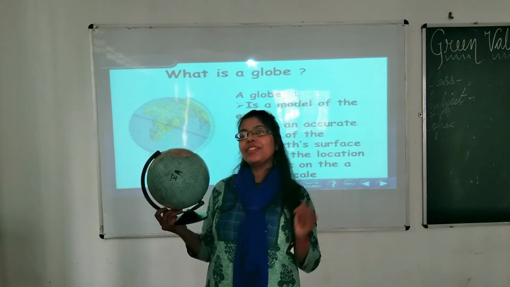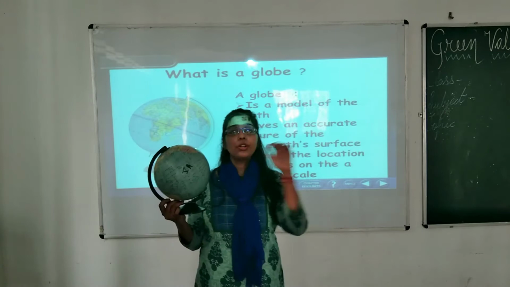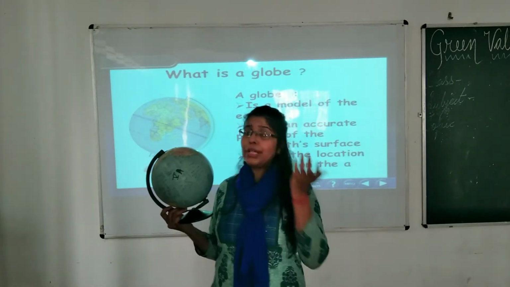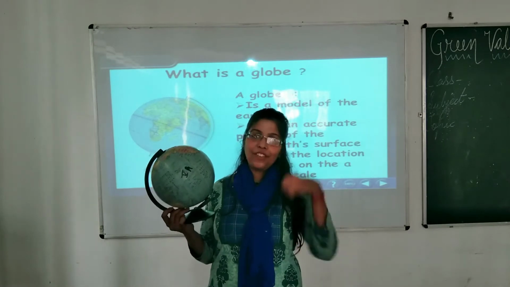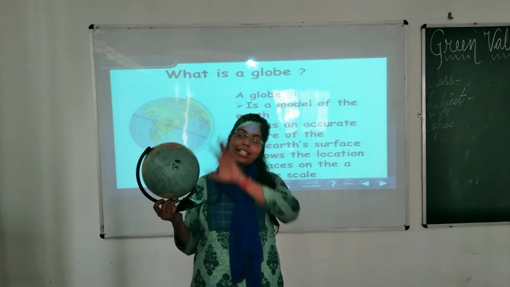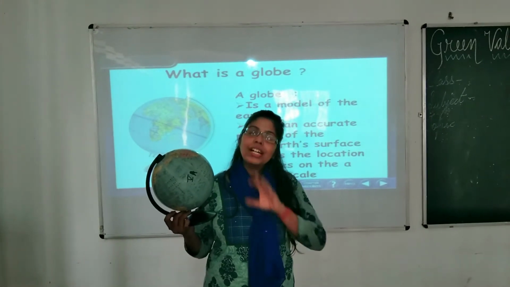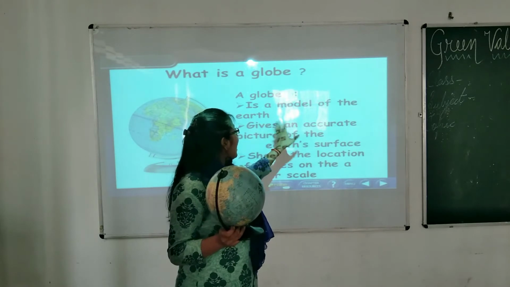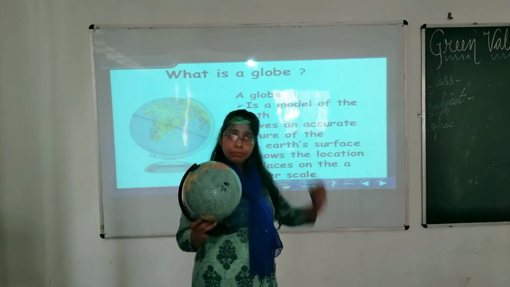So it is said, दुनिया मेरे जेब में है. So world is in your pocket. How? Have that balloon, keep it in your pocket, and when you take it out, just blow it and you will see the exact representation of Earth's surface. So how does a globe give an accurate picture of the Earth's surface?